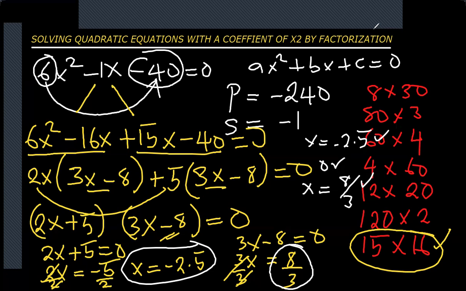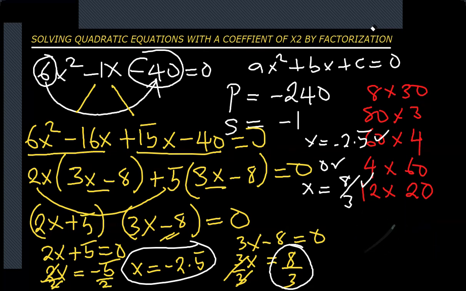Okay. Now I have given you some work. In case you get stuck or anything, just put a comment. But now this is your assignment. Now you try out this, and in the comment section, you can tell me if you are able to get the right solution. This is a similar question with a coefficient of x. So solve this one for me.